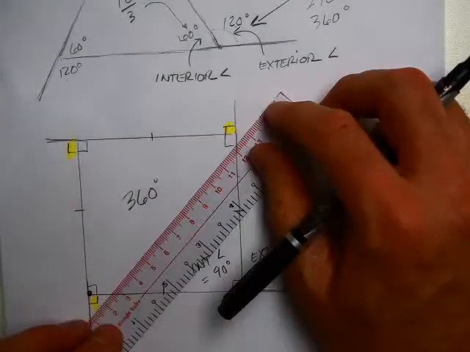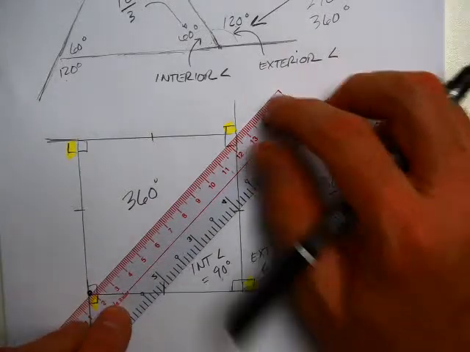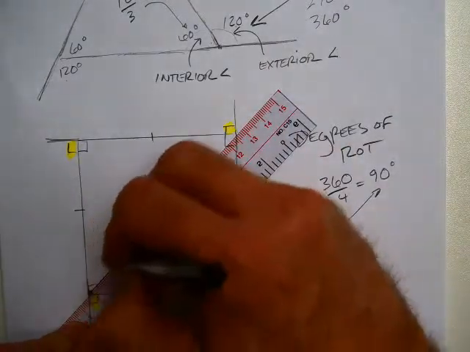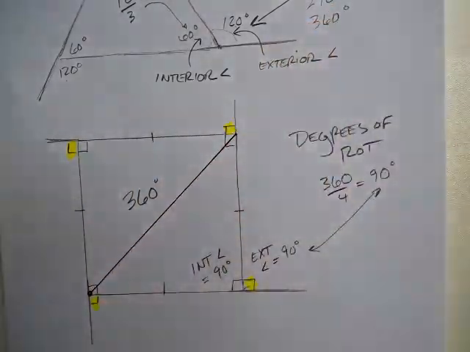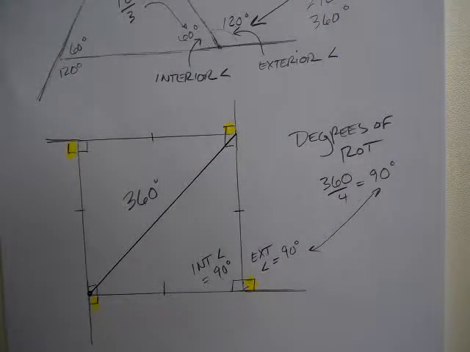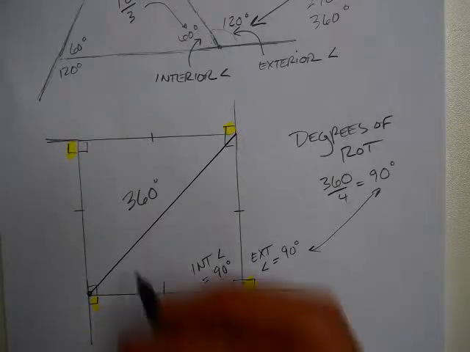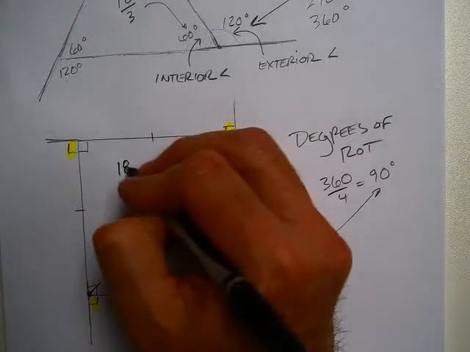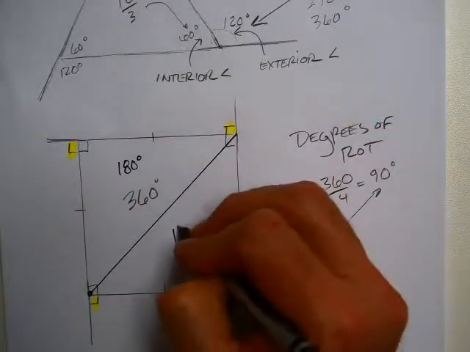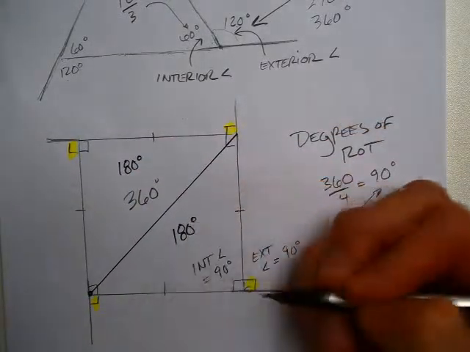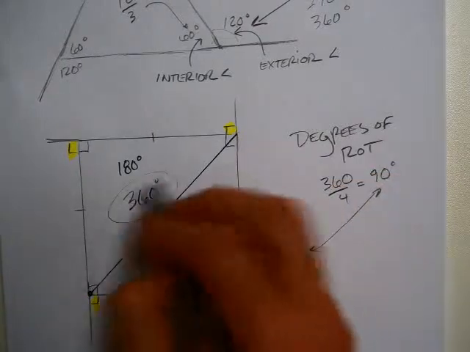From that point, I'm going to draw as many diagonals as I can, which in this case is only one, which turns the square into two triangles. And we know that triangles have 180 degrees. And 180 plus 180 is 360.